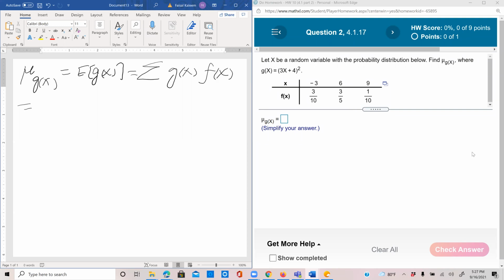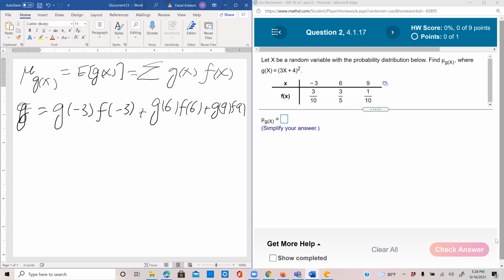So let's first write it as g(-3) f(-3), because the values of x are -3, 6, and 9, plus g(6) f(6), plus g(9) f(9). So g(-3) would be, okay, let's make the table for the g values. So x be -3.